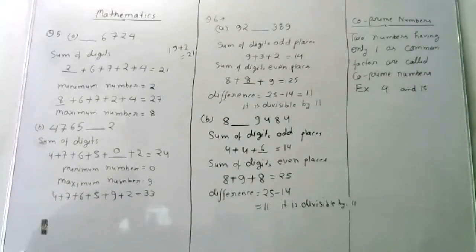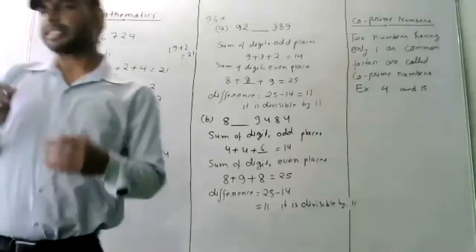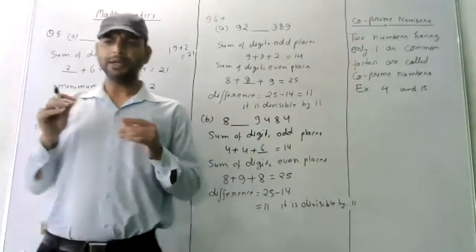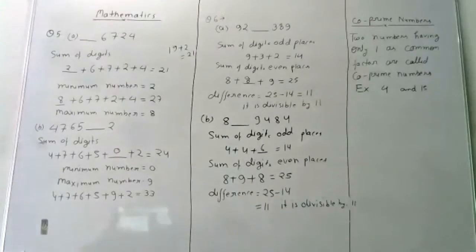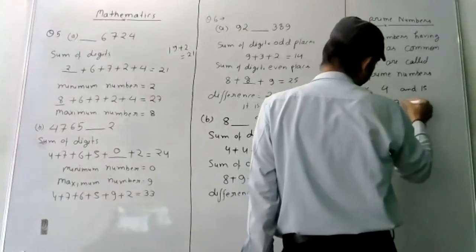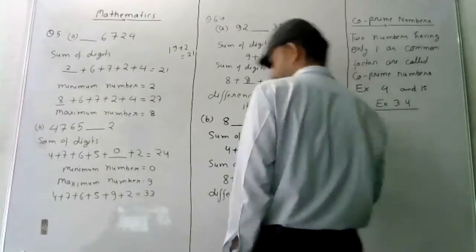Now students, here in the next exercise we will discuss a little, where we will see common factors. Here next exercise 3.4. Listen students, question number 1.